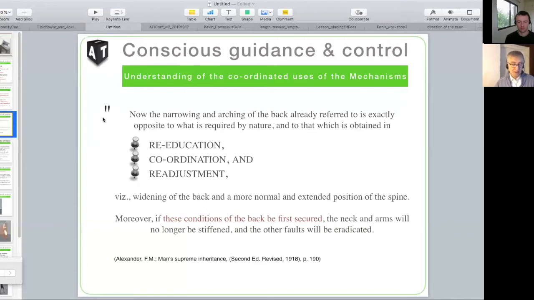And the first thing that will come, the first level, is what we call the level of reeducation. So it's very important that we understand what we mean by reeducation. Reeducation here is the reeducation of what we call subconscious guidance.